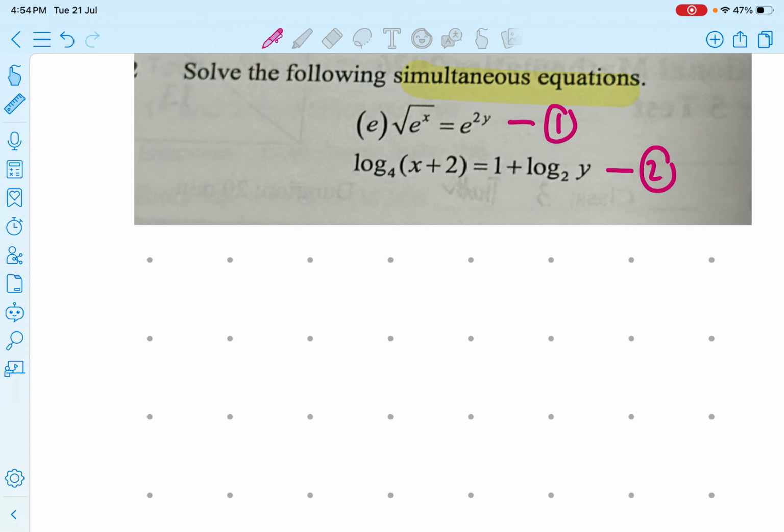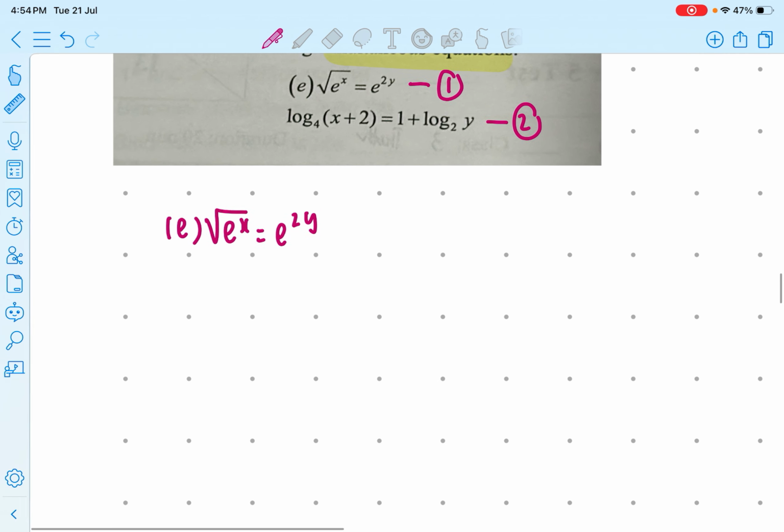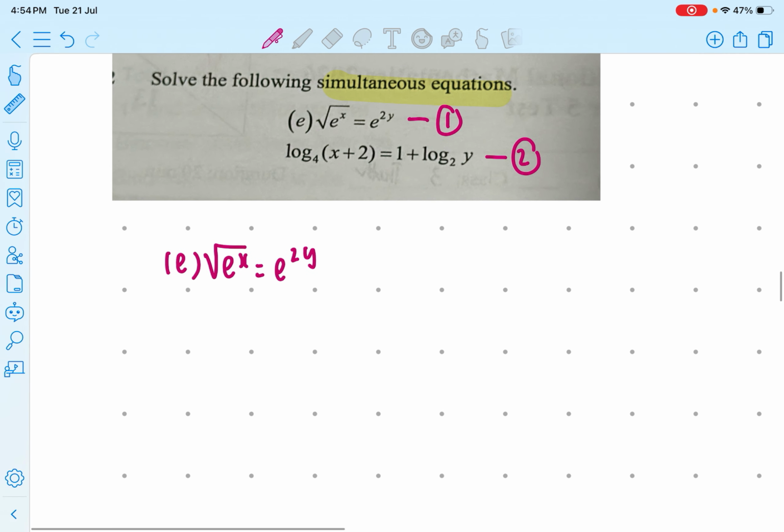For equation 1, we have e times the square root of e^x equals e^(2y).